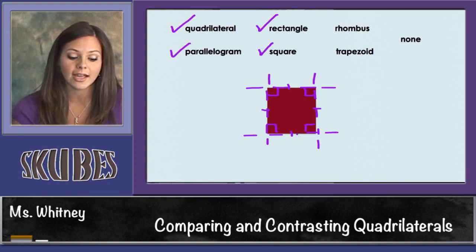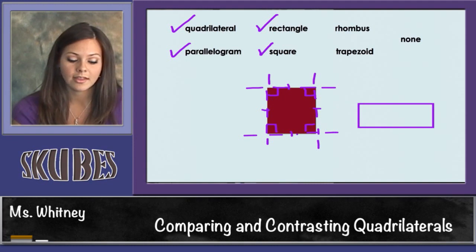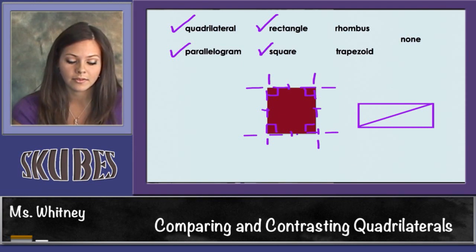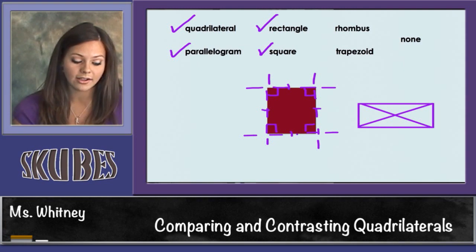If we take a look at a rectangle, we notice that when we draw a diagonal from each corner, where the lines intersect do not form right angles.